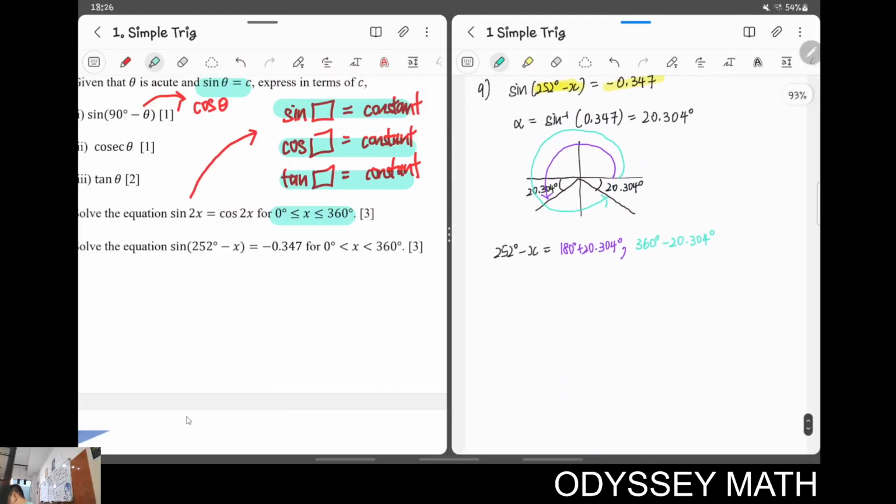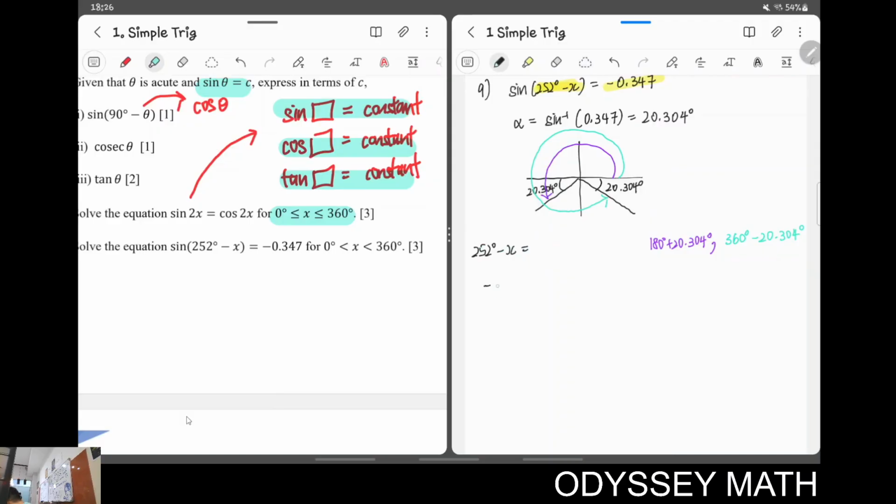So what happens here is we solve for x. Okay, let's keep it as minus x. I'm going to shift this to the right. Later you will know why. This is the type of question that will definitely catch you off guard, for sure.